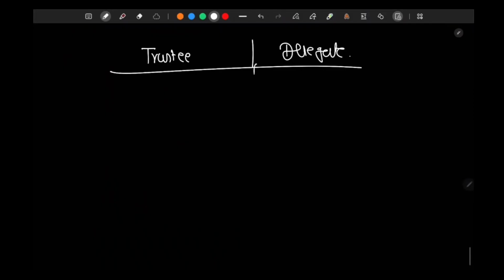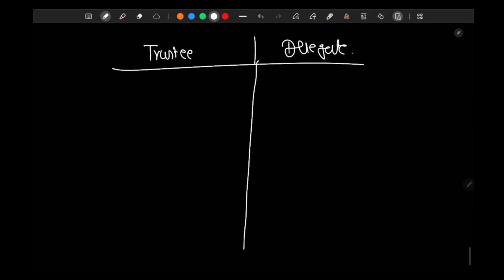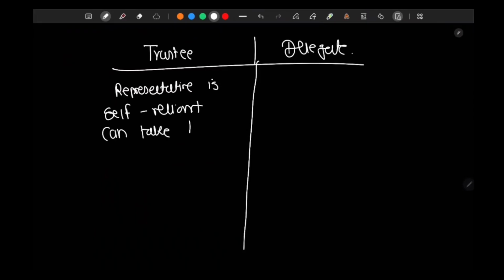So trustee model of representation, not representative democracy, right? Trustee model of representation talks about that the representative is self-reliant, can take his own decision.